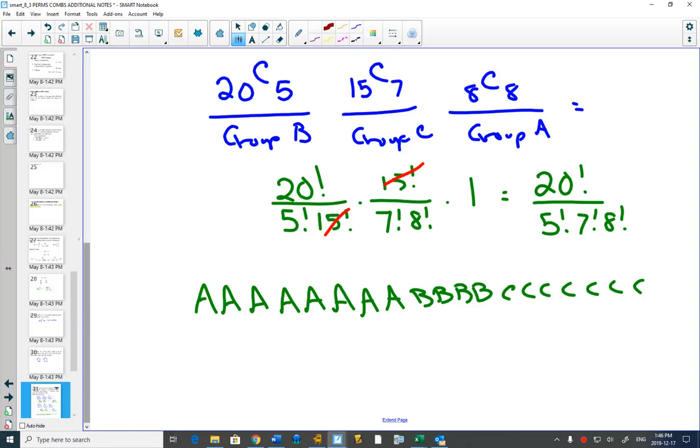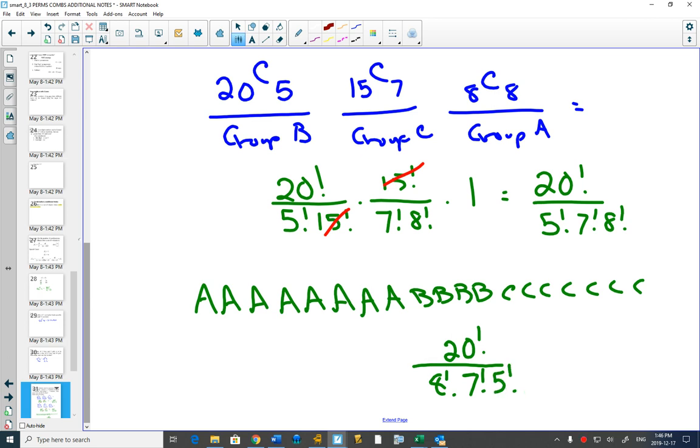Well, it's like a Mississippi question. There's 20 letters, would normally have been 20 factorial ways. But now we have repetition, we have 8 A's, 7 C's, 5 B's.